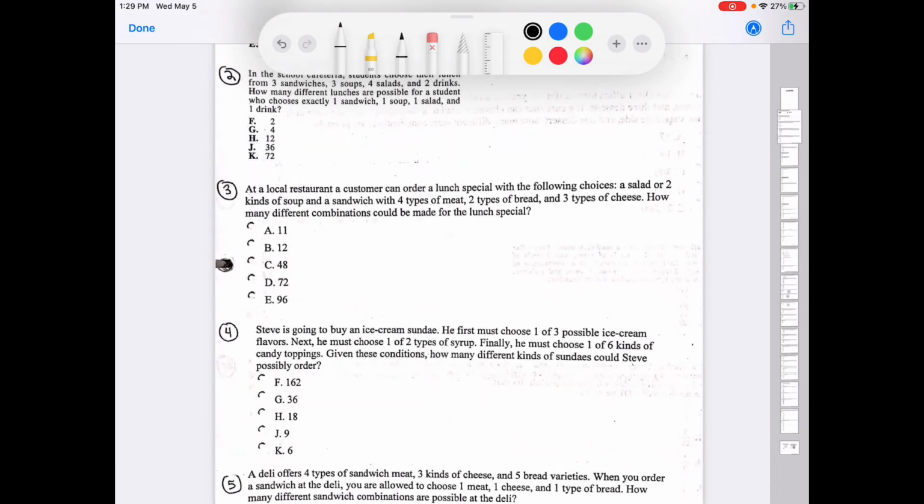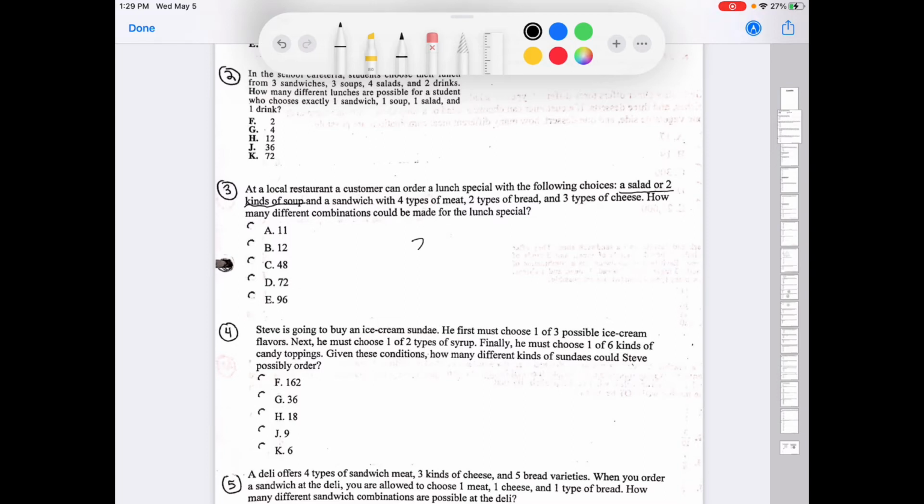All right, number 3 says you can pick a salad or 2 kinds of soup and a sandwich with 4 types of meat, 2 types of bread, 3 types of cheese. How many different combinations could be made for the lunch special? Okay, so what you've got to do here, since you can only pick a salad or 2 kinds of soup, you can consider that a group of 3.